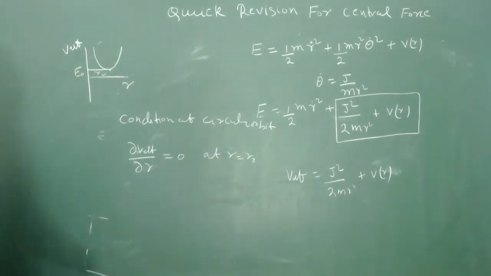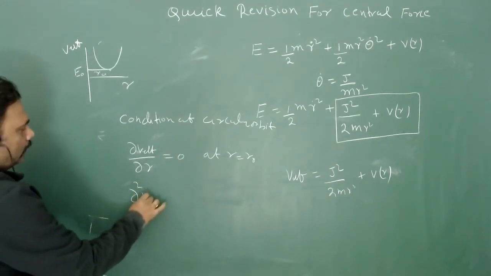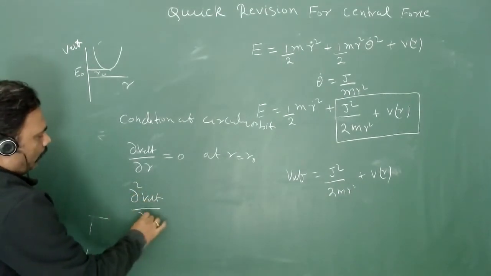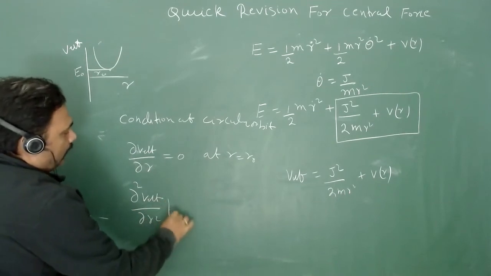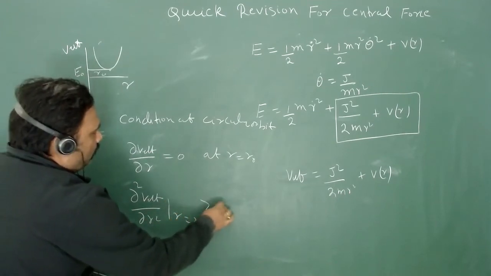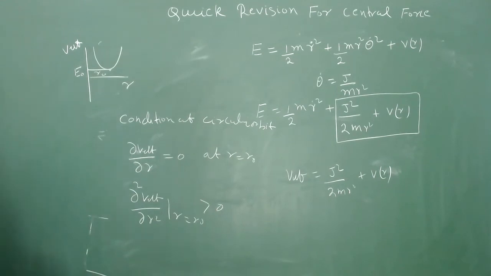And if this circular orbit is stable, then del square V effective upon del R square at R equal to R naught must be greater than 0. So this is a stable circular orbit.